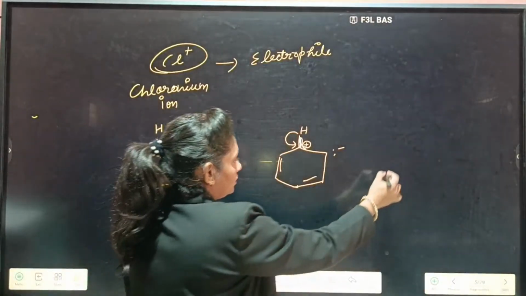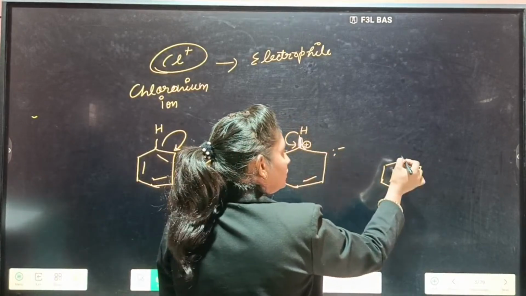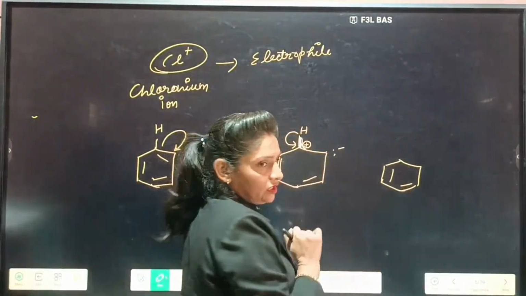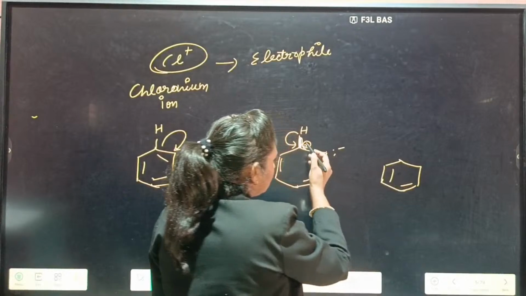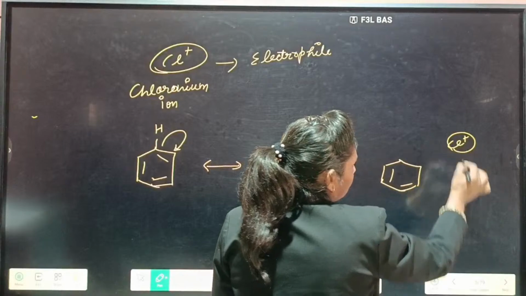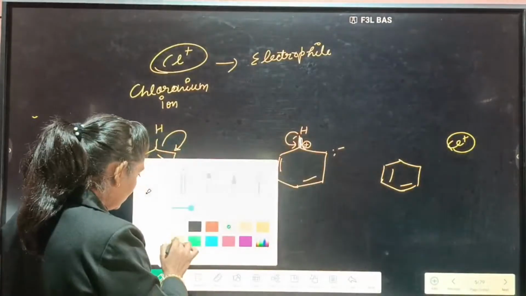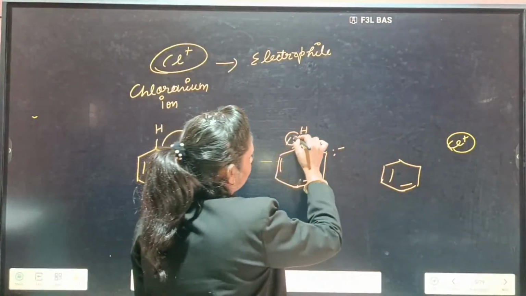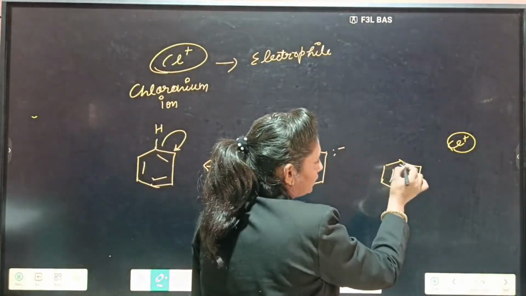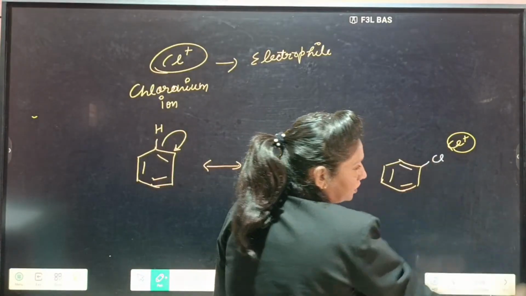If it supports, then this bond shifts here, so positive and negative cancel each other. Now no charge here, but here negative charge. This one bond you can shift here, it can support this one, clear. Then this double bond further comes, and here negative charge, so positive and negative make a bond with each other.